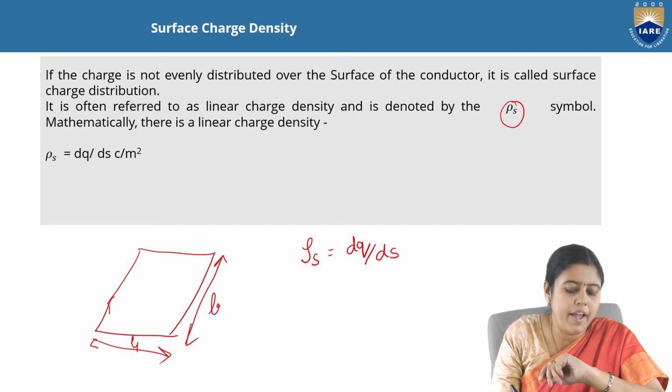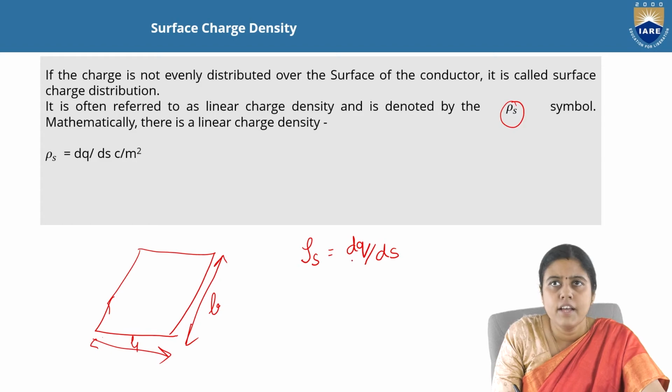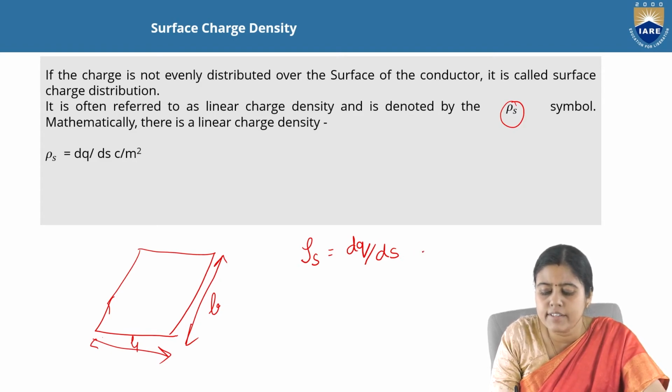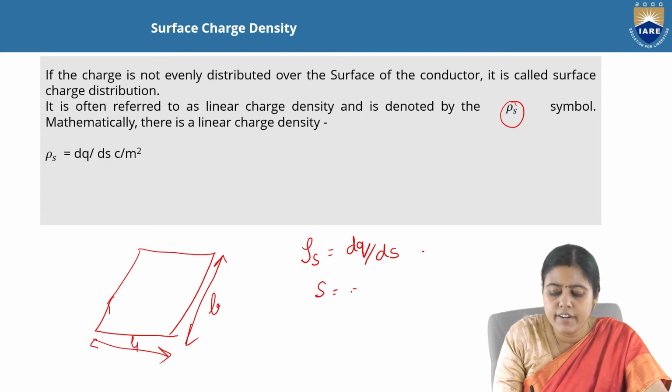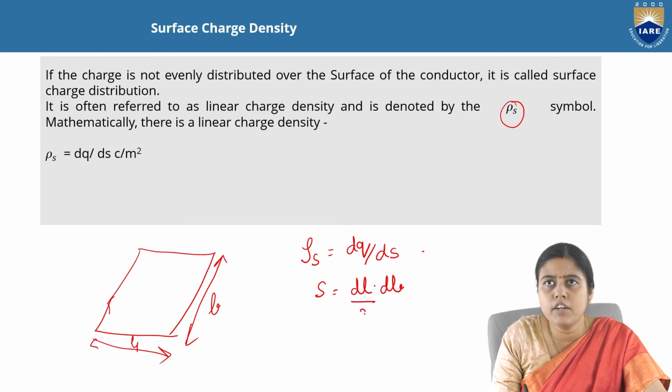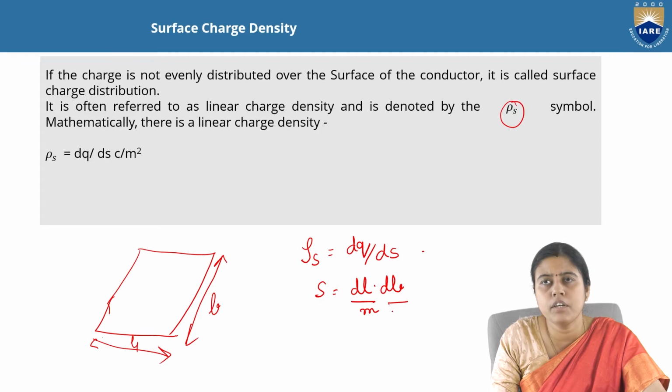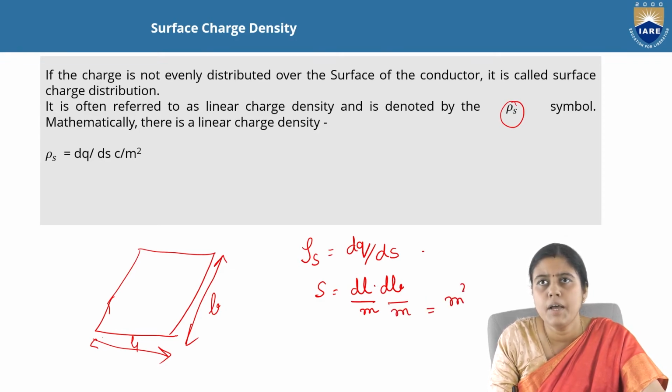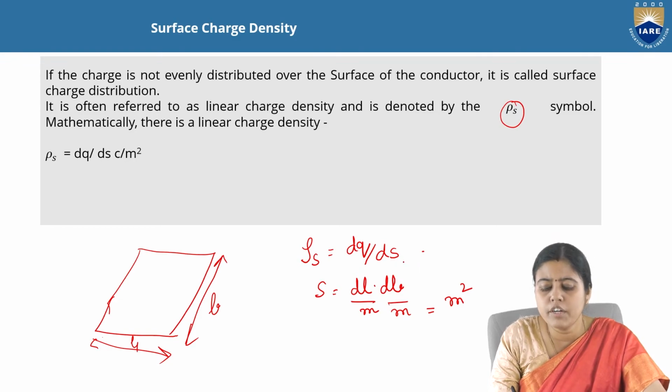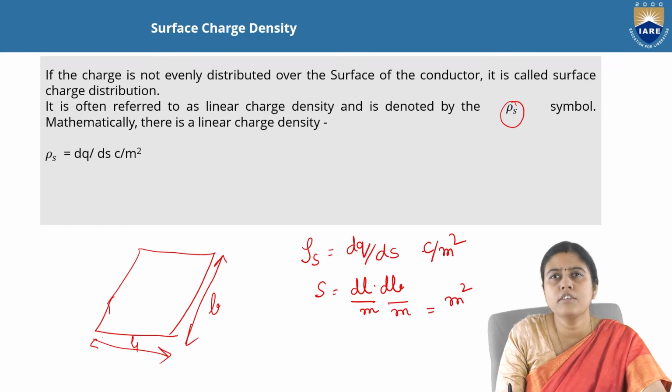What is the unit? What is s? S is equal to dl into dB. The unit of L is meter, the unit of B is meter. So the unit of the surface area is meter square. So the unit of rho s is coulomb per meter square.